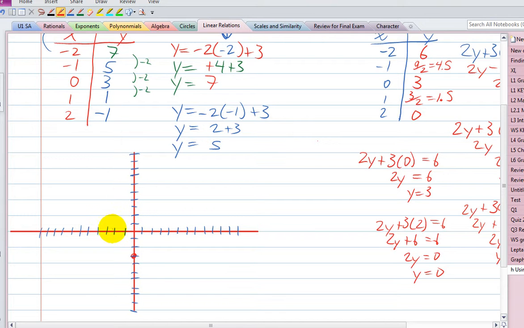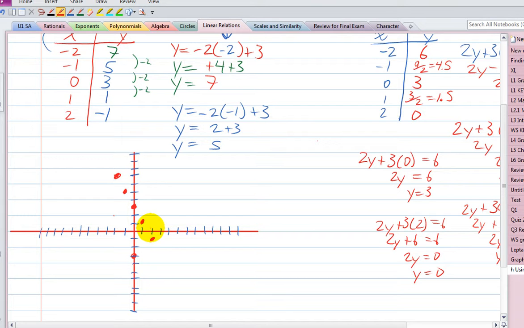So -2, 7. -1, 5. 0, 3. 1, 1. 2, -1. So what kind of pattern do you guys see now after you plotted your points?